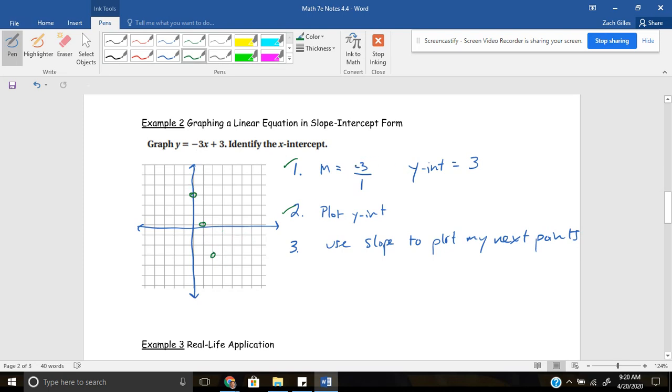You could do the opposite of this. You could take this negative and apply it in the denominator. So this would be up 3, and the 1 would now be negative, so we go to the left. As you can see, it's on this same line.